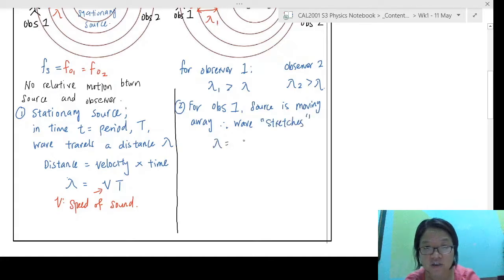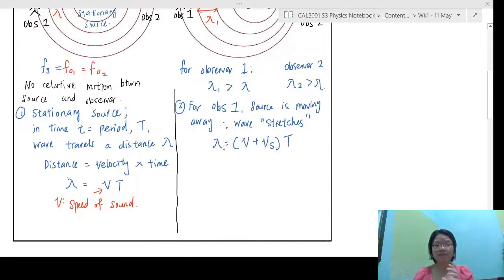So the wavelength is longer. And because it's longer, we already know that the relative speed stretches it out. So instead of just traveling v times t, it will be v plus vs times t. So that is lambda 1. Lambda 1 is bigger, so it must be plus.